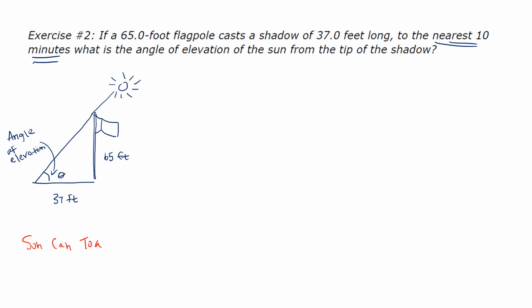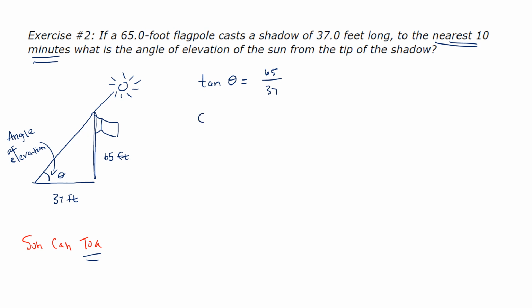From theta's point of view, we know the opposite and we know the adjacent. So that means we'll be using tangent to help us find theta. So the tan of theta is the opposite, 65, over the adjacent, 37.